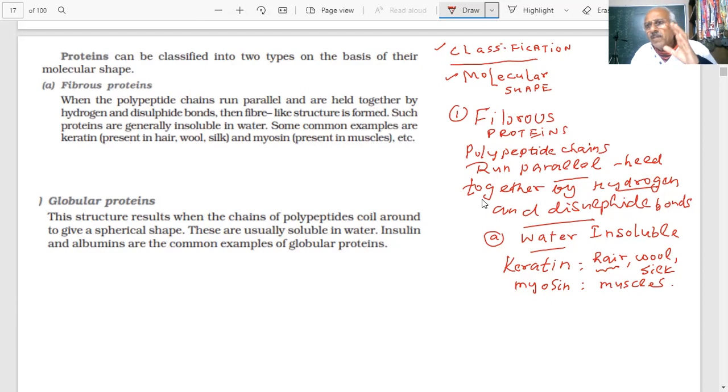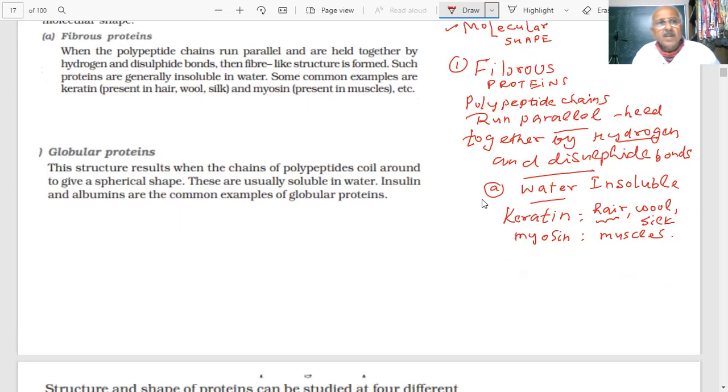They ask for examples also many times. This is a biochemistry chapter, student. We have to learn each and every word. Okay. Further, student, the second type I am talking about is globular proteins. What is meant by globular, student?